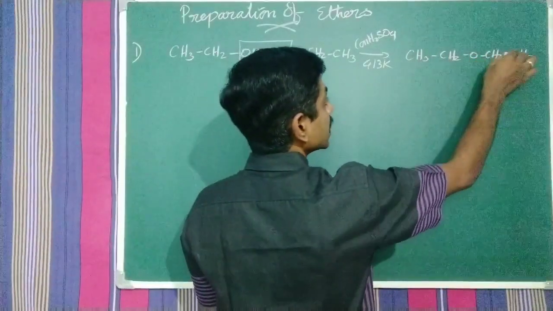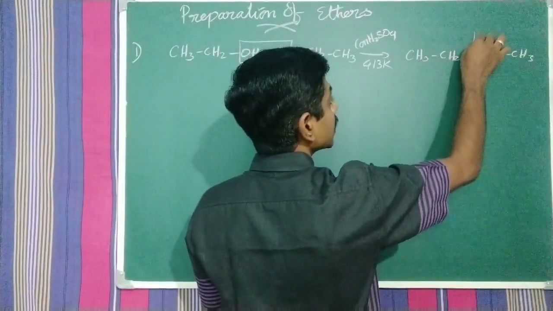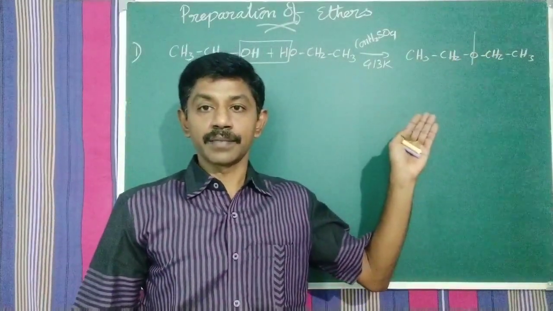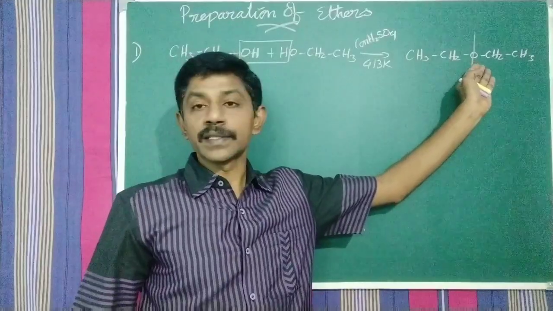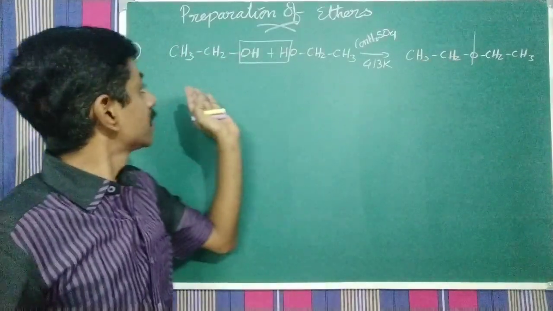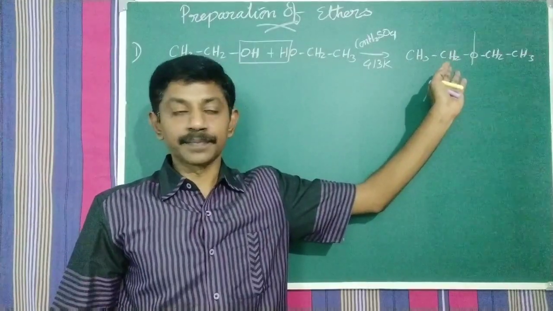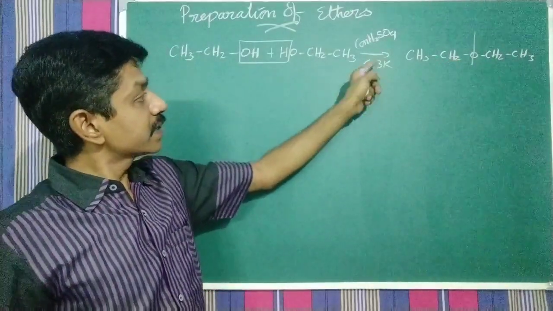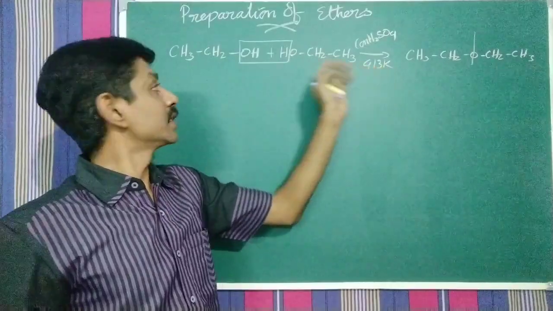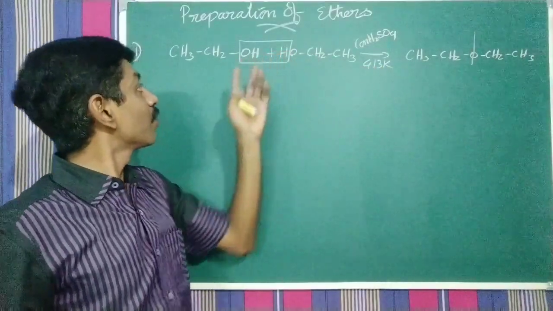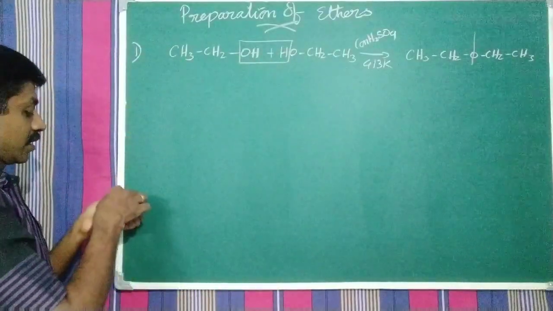It is a symmetrical molecule, so we have prepared a simple ether. So this is how we prepare a simple ether. By this method, mixed ether preparation is difficult. And if you increase the temperature to 443 Kelvin, instead of dehydration happening at the intermolecular level, this we have to understand.